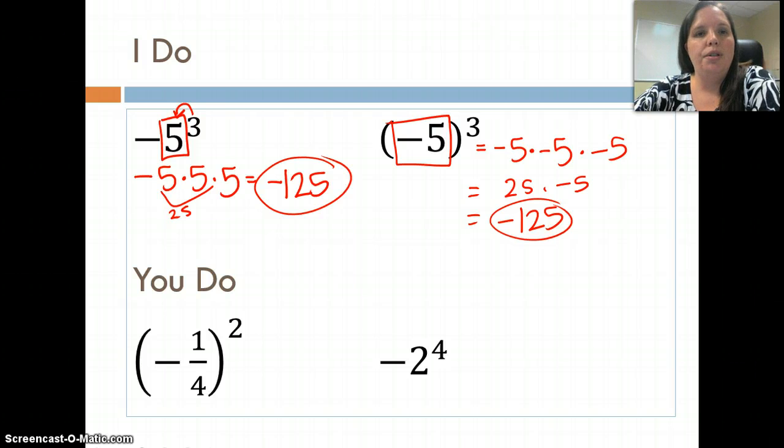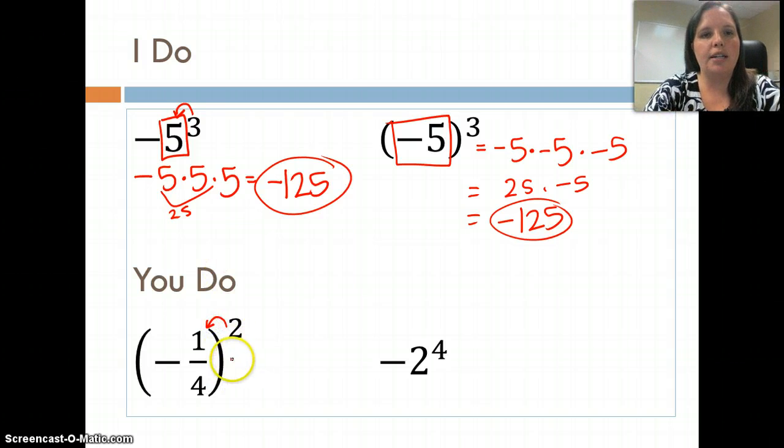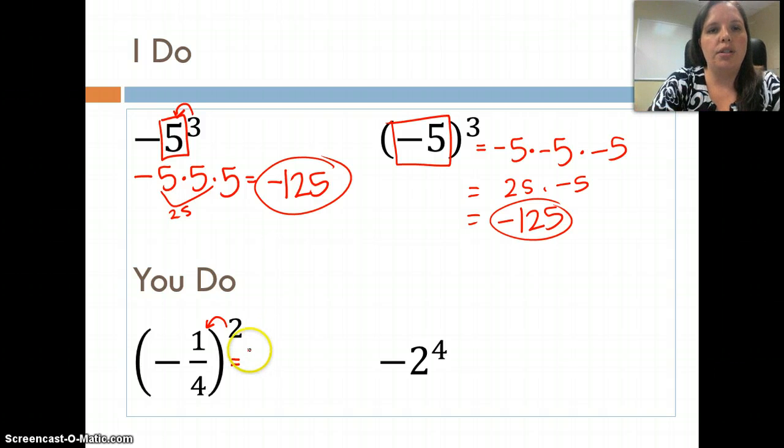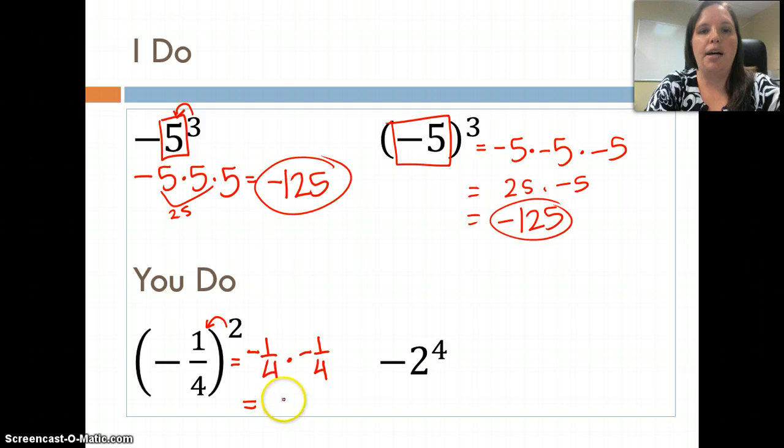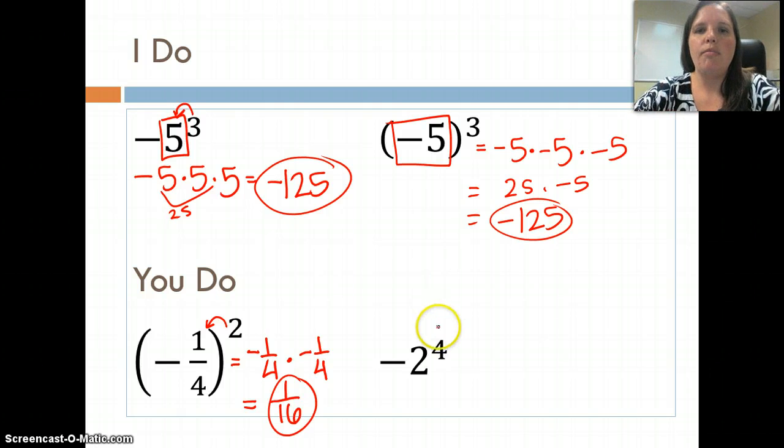Now it's time for your you do. So give these two a try. So for this one, again, because the parentheses are there, the exponent is acting on the entire thing. So this is really saying repeat, the factor that you're repeating is -1/4. So negative times a negative here is a positive, numerators, denominators, 1/16. In the second one, there's no parentheses.